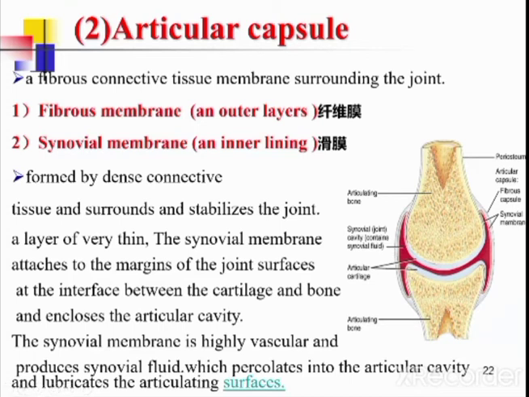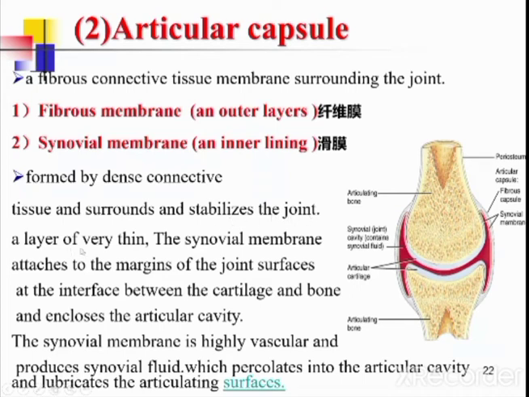An outer fibrous membrane and an inner synovial membrane, formed by dense connective tissue, surround and stabilize the joint.